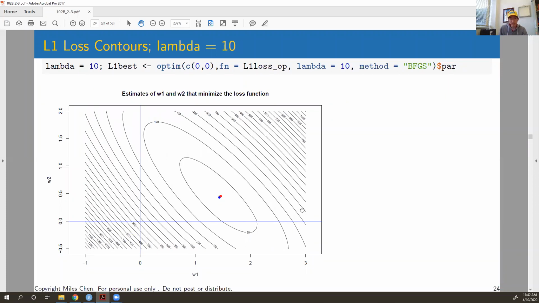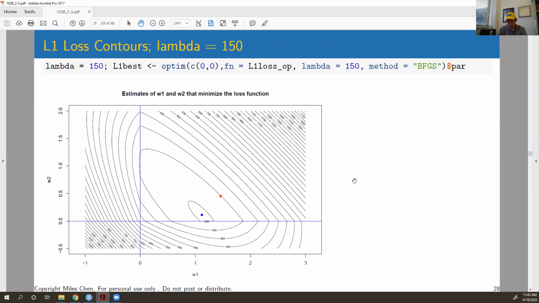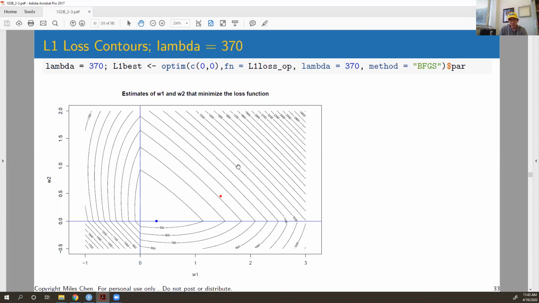But back here where lambda is quite small, we're not adding in that absolute value term quite as much. Remember, the contours are a combination of the OLS, which are ellipses, and the absolute value term. So here we're giving more weight to the ellipses, and as we go here, we start adding more weight to the absolute value term, which is basically diamonds, and you get this effect.